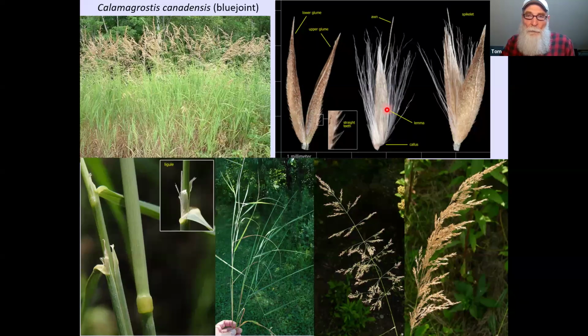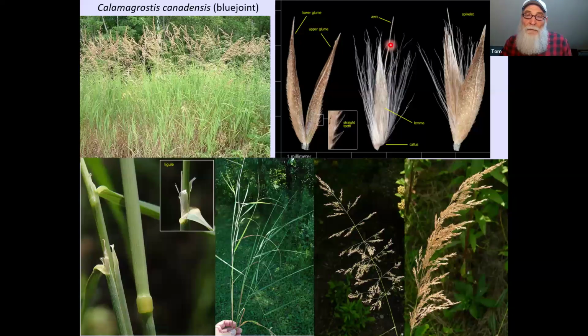That floret was removed, and we can see the floret here by itself. And it has all these long hairs that come from the base of the lemma right here. This is the lemma. And from the base of the lemma, there's all these long hairs, just as long as the lemma, if not even longer. So very, very dense tuft of hairs. Also, the lemma has an awn coming off the back of the lemma right here.